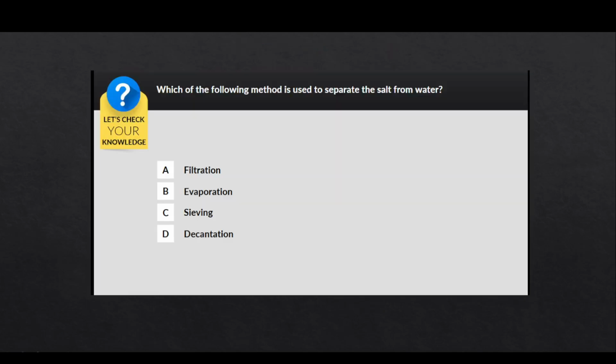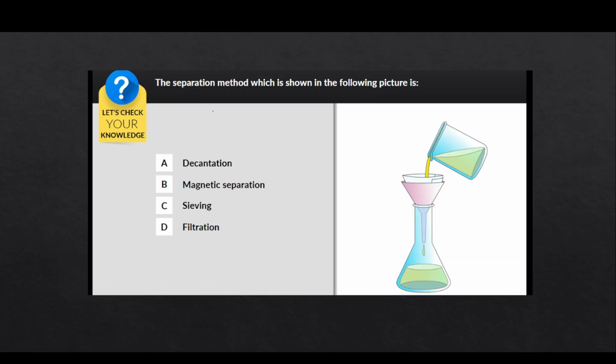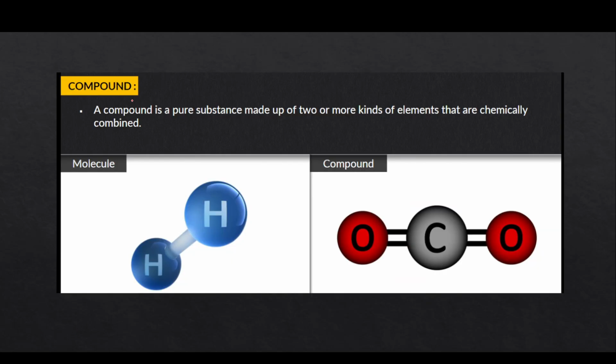This is called evaporation. Which of the following methods is used to separate salt from water? It's evaporation, right? The separation method shown here, where you can see a filter paper, is filtration.